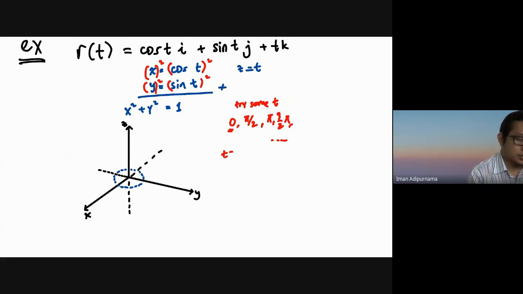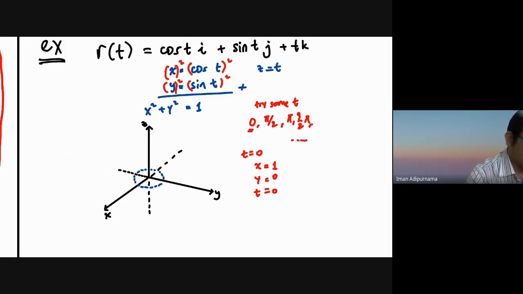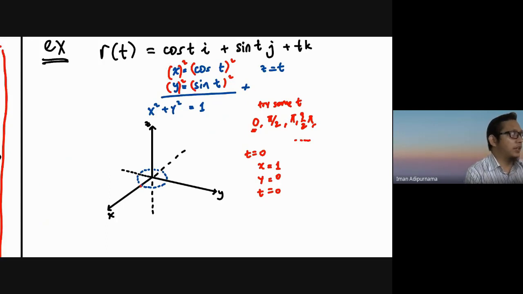So when t equals 0, cosine 0 is 1, sine 0 is 0, so x is 1, y is 0, t is 0. So 1, 0, 0. So probably here is the 1, 0, 0, because that's the maximum of the radius of the circle. So let me draw this as 1, 0, 0.